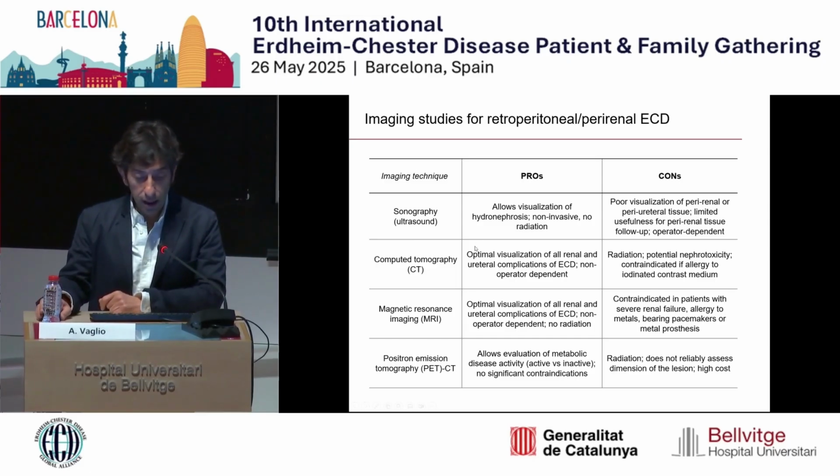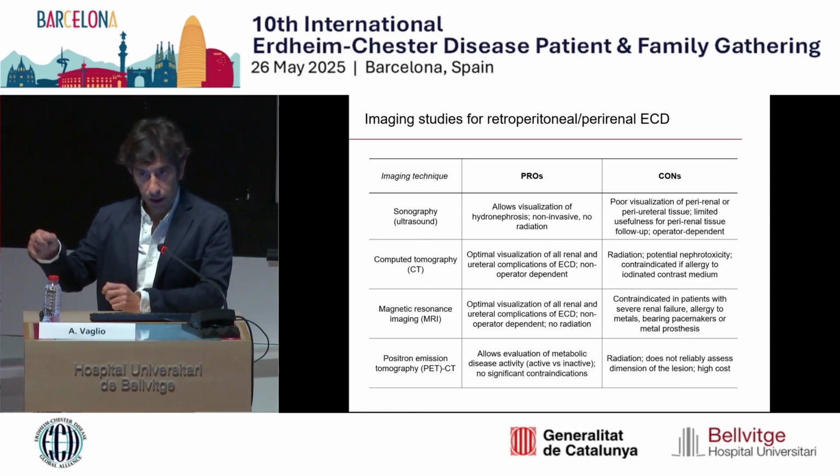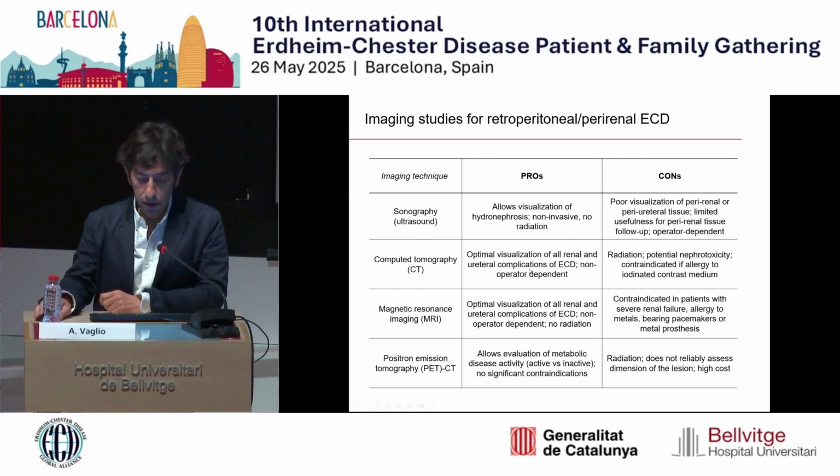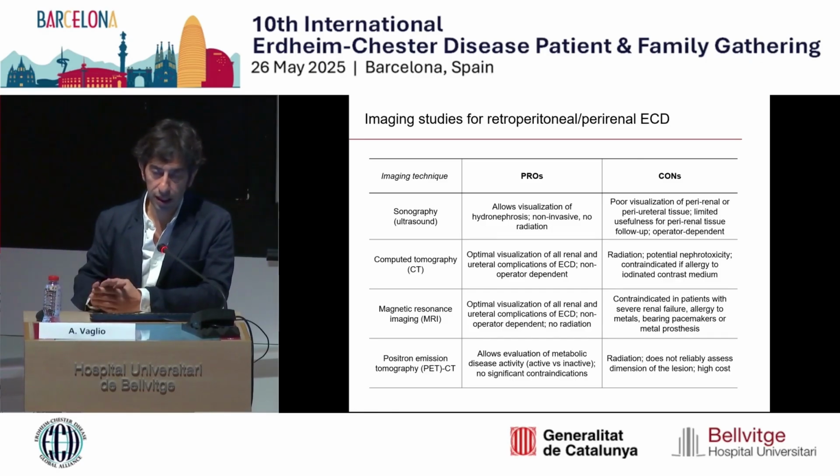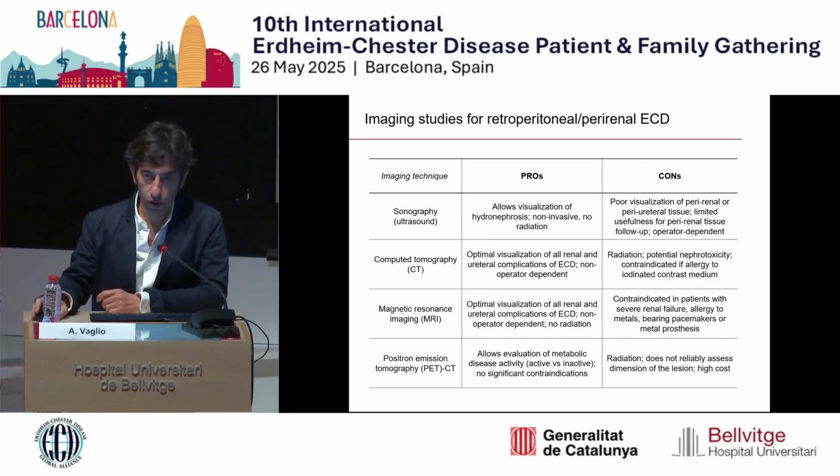CT and MRI provide an optimal visualization of all the renal and ureteral complications of ECD. They are standardized, whereas sonography largely depends on the ability of the operator. Computed tomography, as I said, requires, in most cases, the use of contrast medium, which can theoretically be a problem for kidneys that have an insufficiency or a functional insufficiency.